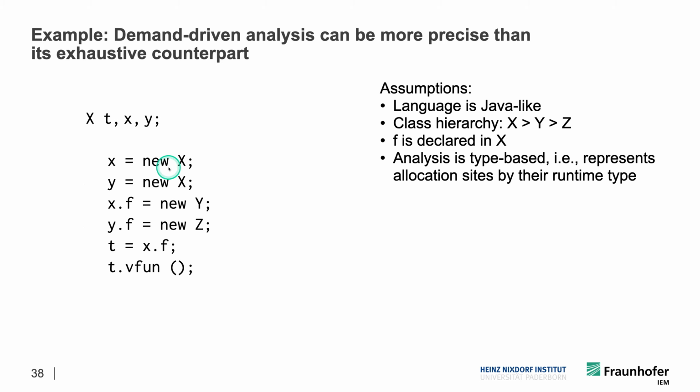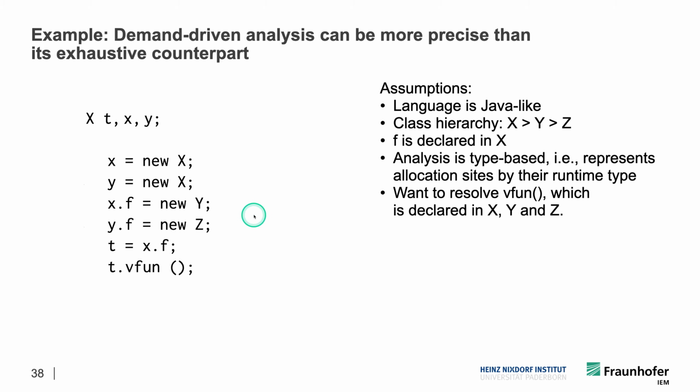That's why this is not the most precise baseline analysis in the world, right? As you know, in Spark, for instance, we would typically be distinguishing these two allocation sites, but I also explained to you earlier that there are these type-based representations where you are unifying these two alloc sites into one, and that's what's happening here.